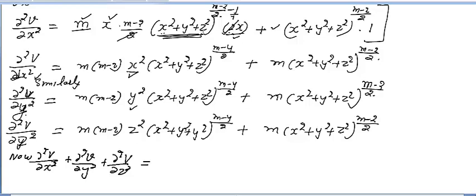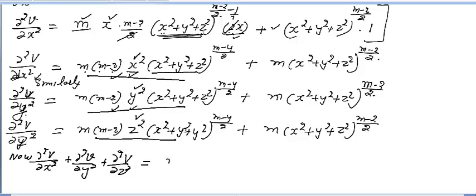You will add these first terms first, because one thing is very important. In these first three terms, m minus 2 and this part is common. Only difference is x square, y square, z square. So m is common, m minus 2 is common. So (x square plus y square plus z square) whole raised to power m minus 4 by 2 is common.